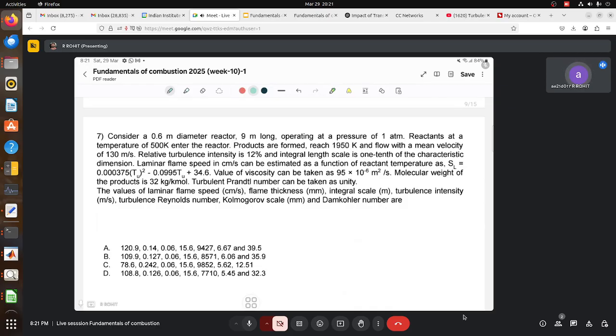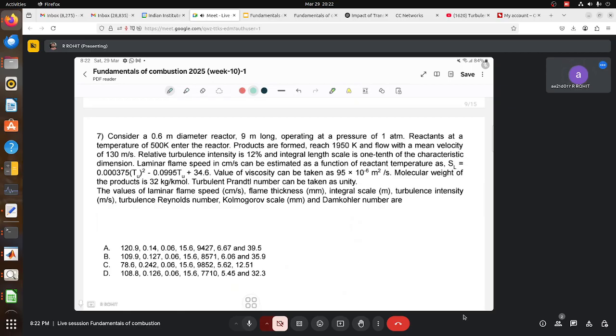Laminar flame speed in centimeter per second can be estimated as a function of reactant temperature, and an expression is given to you. The value of viscosity can be taken as 95 into 10 to the minus 6 meter square per second. Molecular weight of the products is 32 kg per kilomole. The turbulent Prandtl number can be taken as unity.